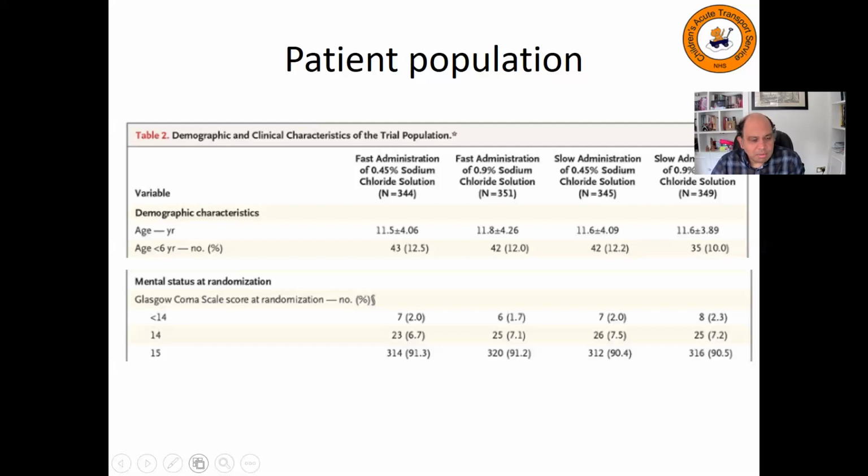That means anybody with a low GCS is going to get taken out of the randomization straight away. So 90% of the patients were GCS 15 at randomization. Immediately, it's clear that this population is not the population that CATS are referred to from your side, the ones that you're asking for critical care support.